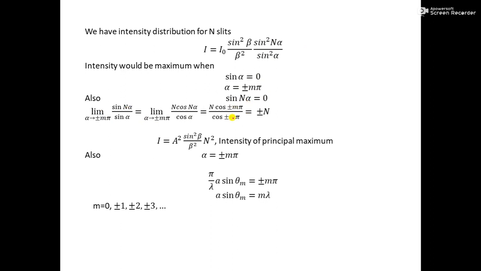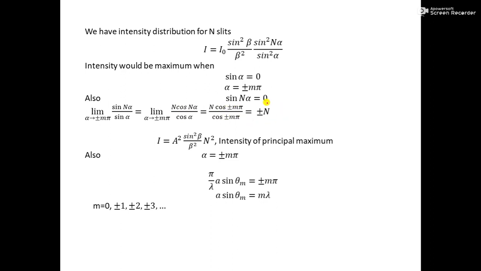So to find the value, we use this method: limit alpha tends to plus minus m pi, which we got from this condition, of sin N alpha by sin alpha. Differentiating numerator and denominator, we get N cos N alpha by cos alpha.